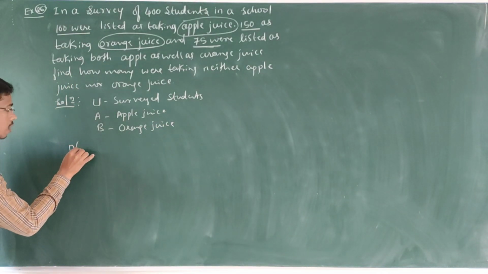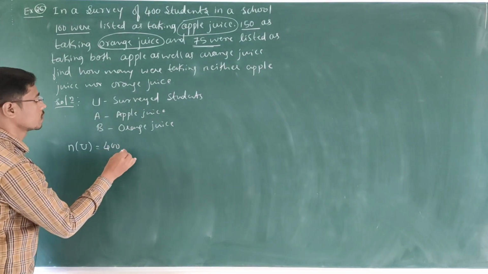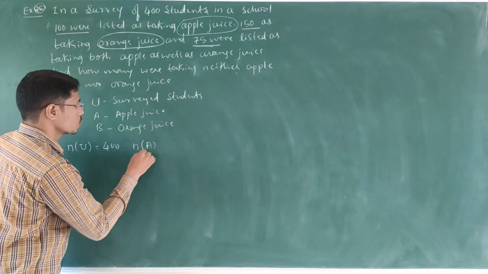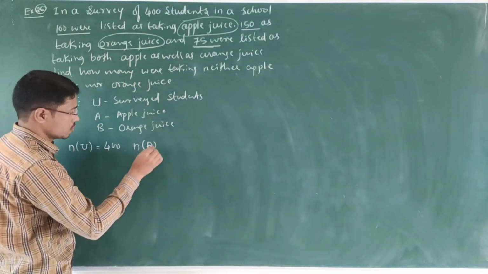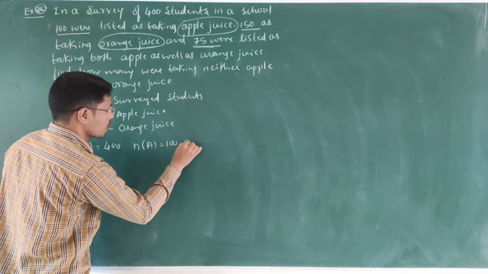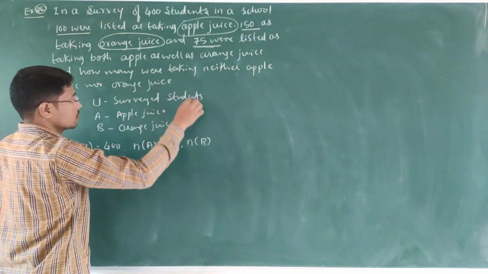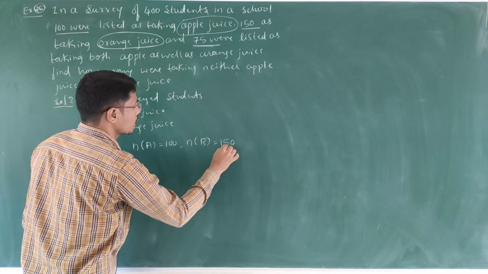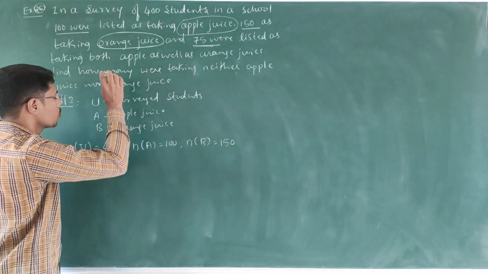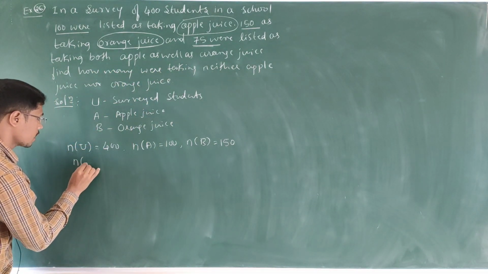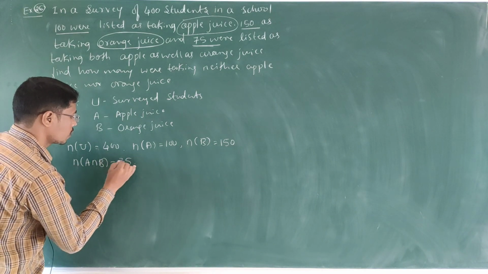Number of students in the universal set, that is 400, and number of students who are taking apple juice, 100 were listed as taking apple juice, that is 100, and number of students taking orange juice, that is 150 students are taking orange juice, 75 were listed as taking both, okay, that is n of A intersection B, that is 75.